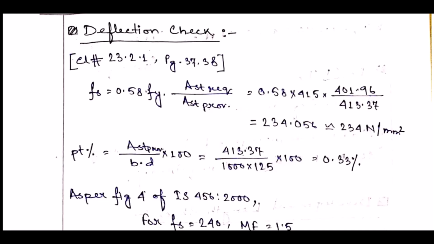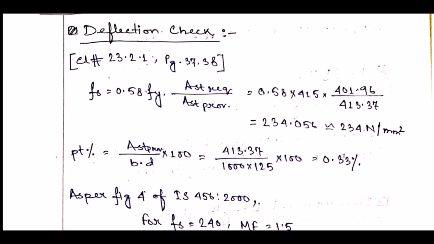Our first check is deflection check. So from clause number 23.2.1 and figure 4 of IS 456, we know to find out modification factor, first of all we have to use the formula of Fs, which is just below figure number 4 of IS 456 2000.